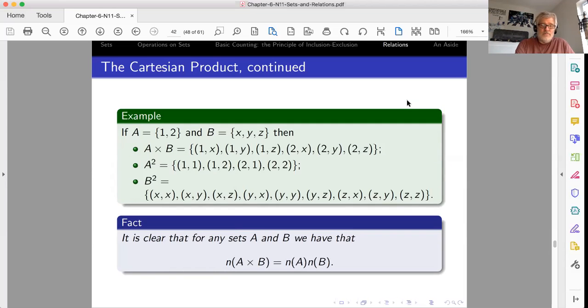B squared will have a whole bunch of pairs. So you take all the pairs where each of the two components comes from B. So you've got x,x, x,y, x,z, y,x, y,y, y,z, z,x, z,y, and z,z. All right. Now, if you think about it just a little bit, you will convince yourselves that the number of elements in A times B is the number of elements in A times the number of elements in B. Okay, that's not too hard to see.